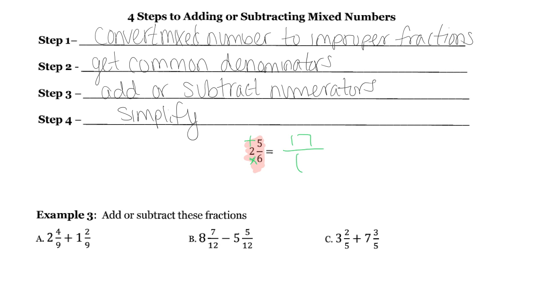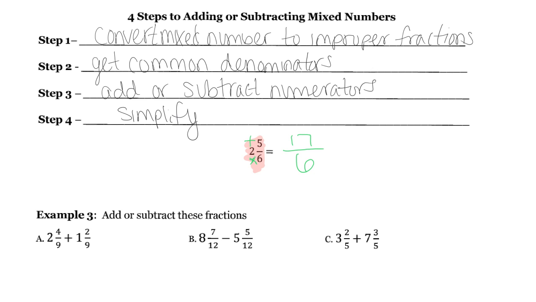Now we stick that over our denominator. So now that's really 17 sixths. That's our first step. If they're not already improper fractions, make them improper fractions.